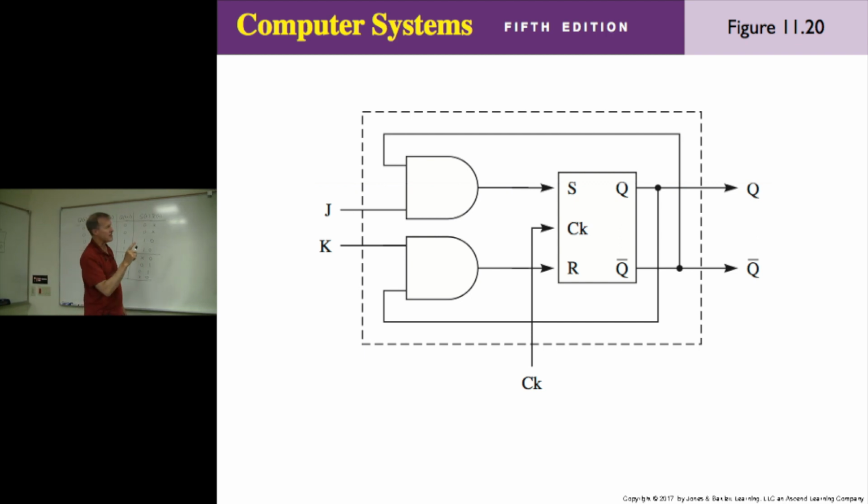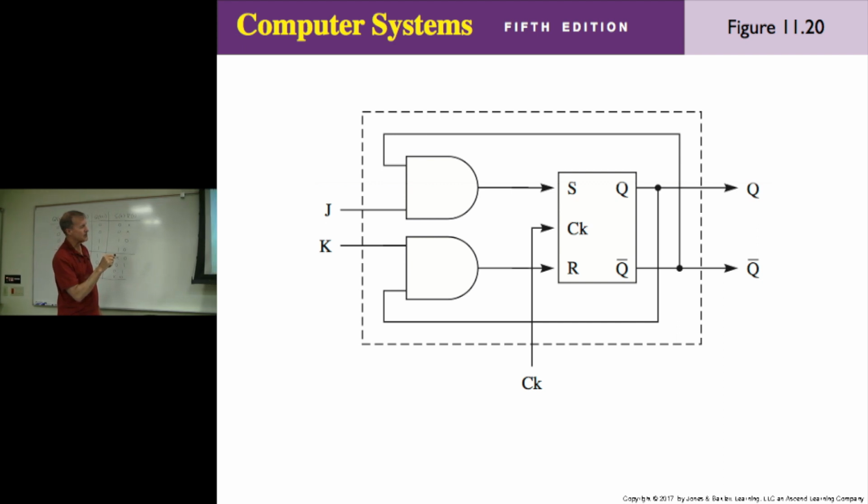In other words, let's think about it. If JK is 1, 1, then what happens?